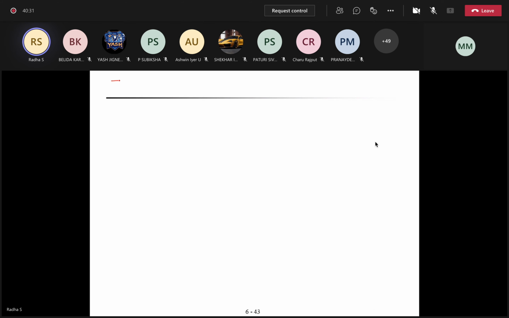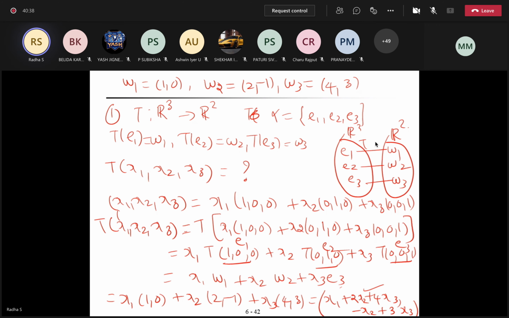So one more thing they've asked, what is that? T of (2, -3, 5). Can you do that? Just substitute x1 as 2, x2 as minus 3 and x3 as 5 and tell me.